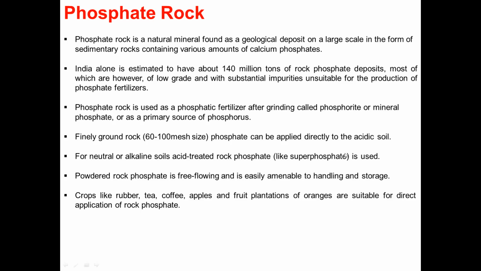This is one type of fertilizer which is acid treated. Powdered rock phosphate is free flowing and is easily amenable to handling and storage. Crops like rubber, tea, coffee, apples, and fruit plantations of oranges are suitable for direct application of rock phosphate.